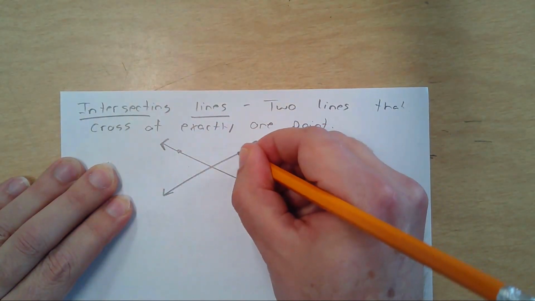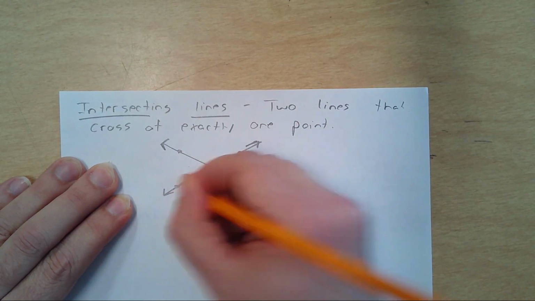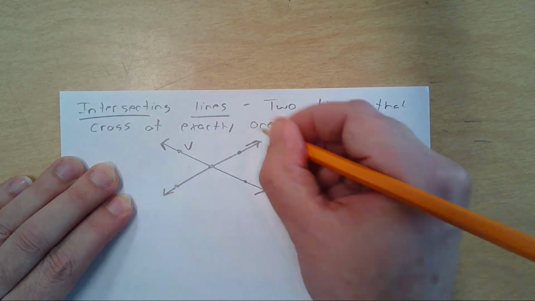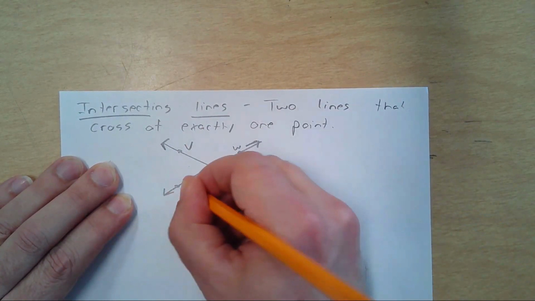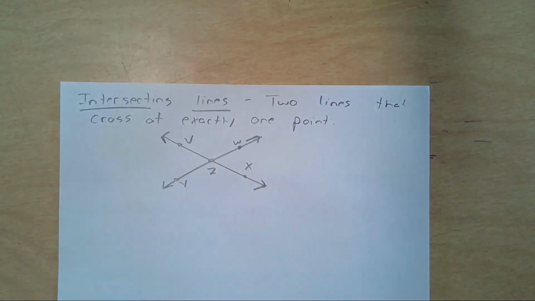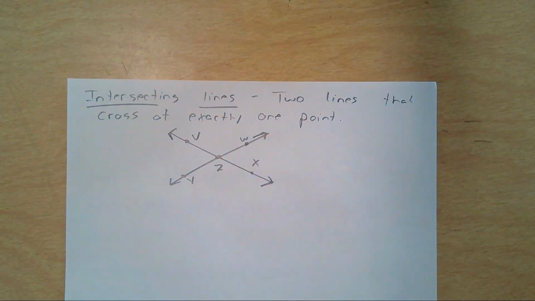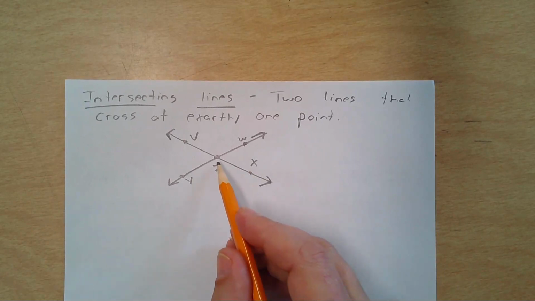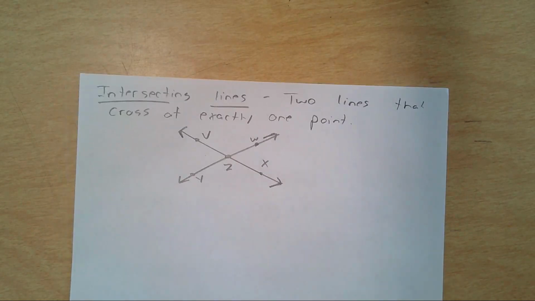Again, I can give them all titles here if I so choose. We'll go with V, W, X, Y, Z. So these lines are intersecting. They are 2 lines that intersect at exactly 1 point. Point Z is where they intersect, right here. That's the point of intersection between these 2 lines.